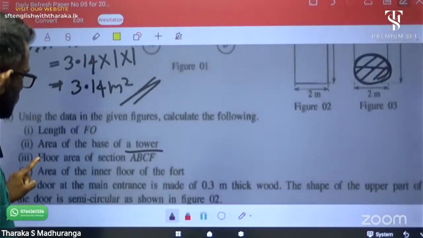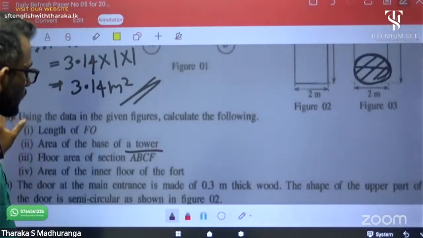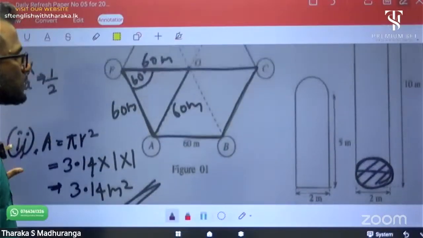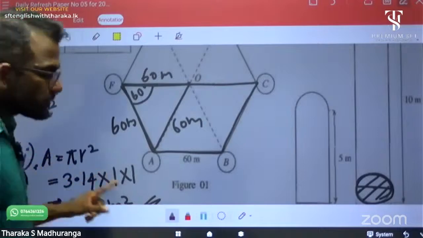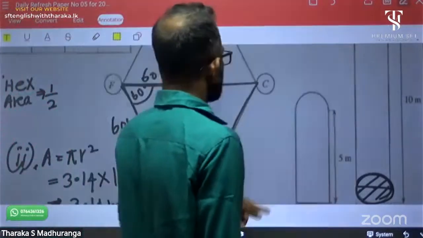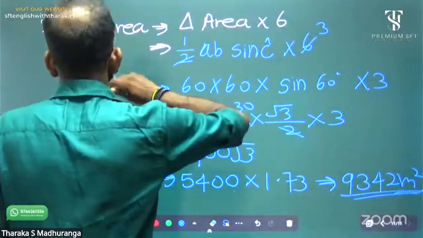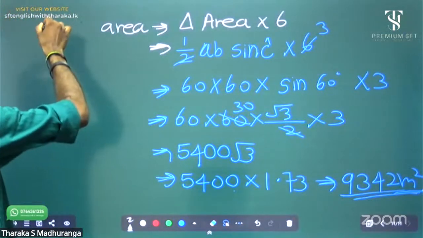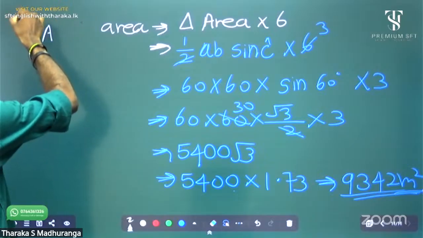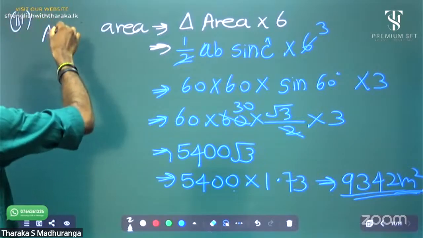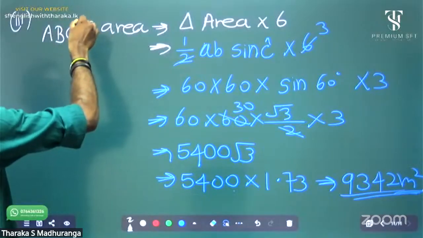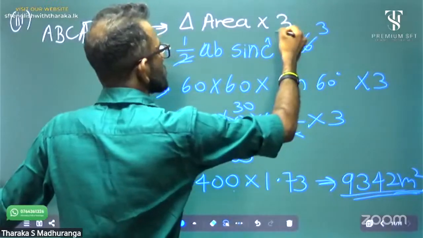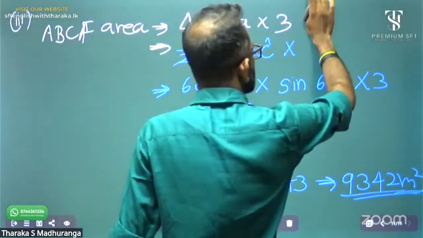In the third part, they are asking the floor area of section ABCF. ABCF means only 3 triangles. One triangle area of ABCF, this is the third part answer, not second.